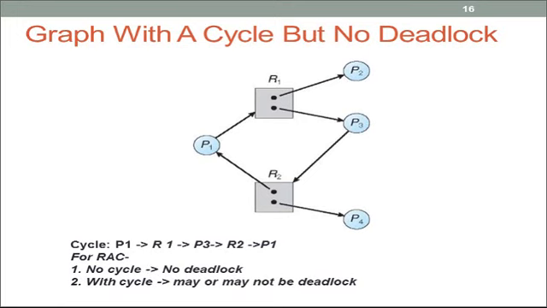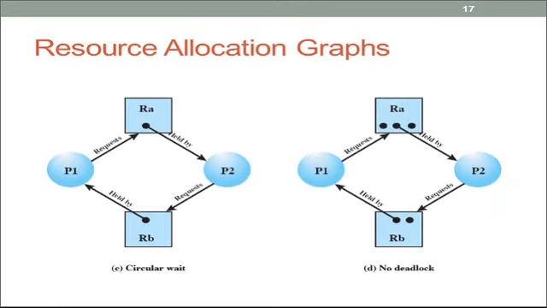Let us see this example in the next slide. We have P1 to RA, RA to P2, P2 to RB and RB to P1. So we have circular waiting here and there is a deadlock.